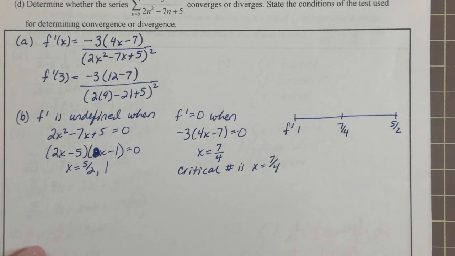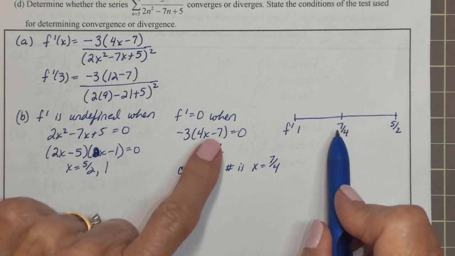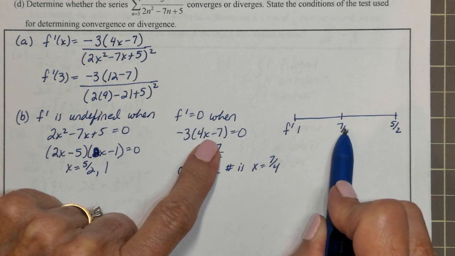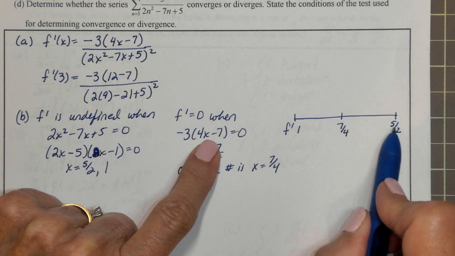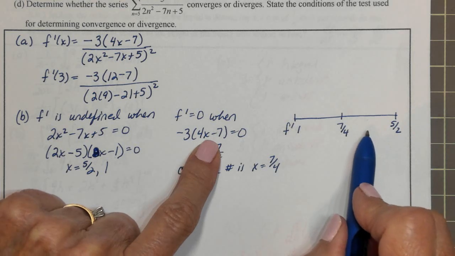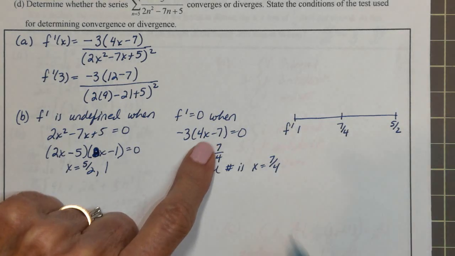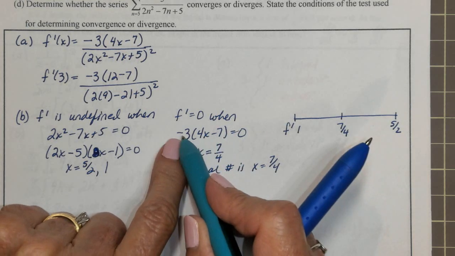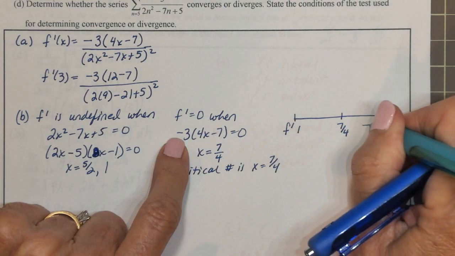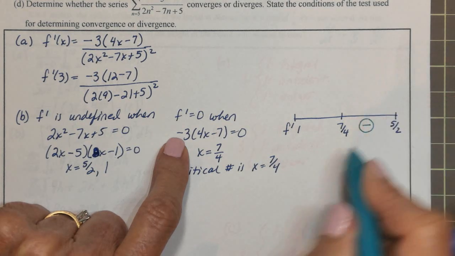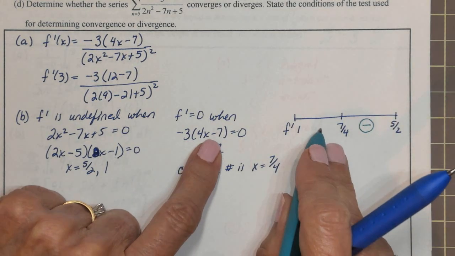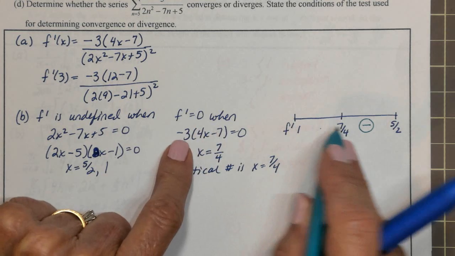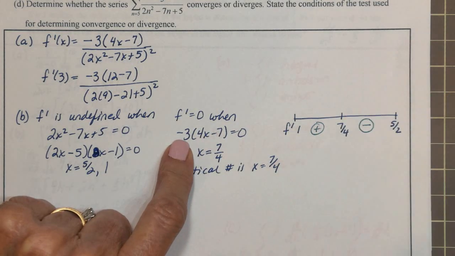So let's see. If I plug in a number between 7/4 and 5/2, in other words, greater than 7/4, this piece will be positive, but I'm multiplying by a negative 3, so this will make it a negative. This piece over here, if x is less than 7/4, this will be negative times a negative is a positive.